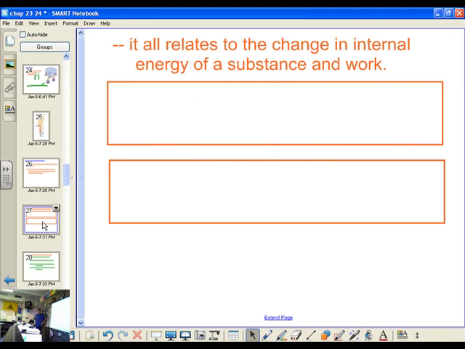Now, what we're talking about relates to the change in internal energy of a substance and work.